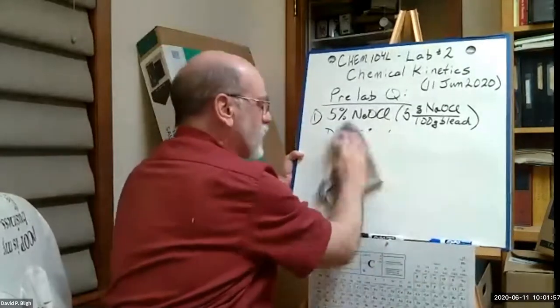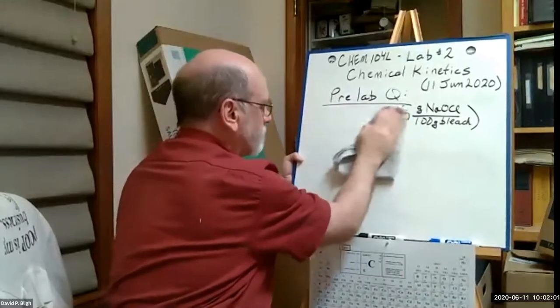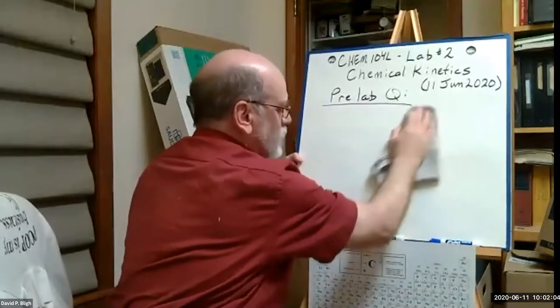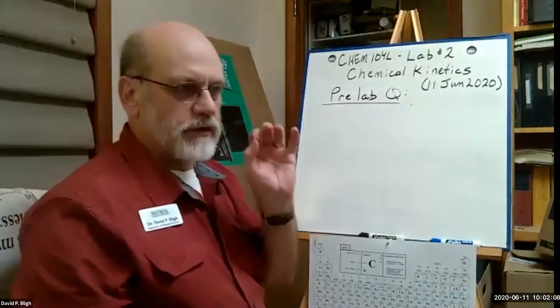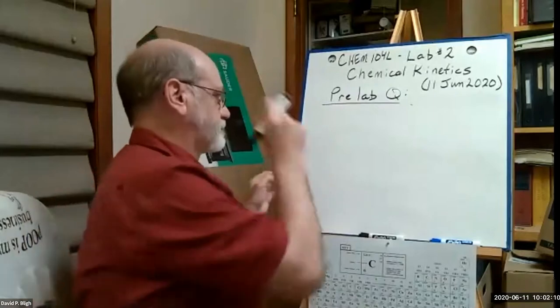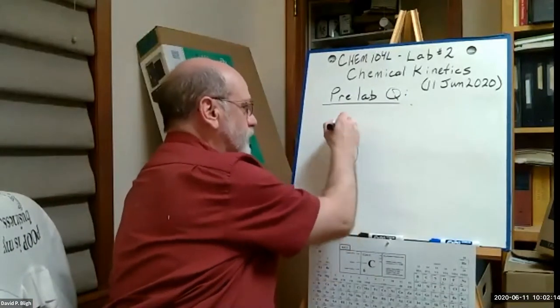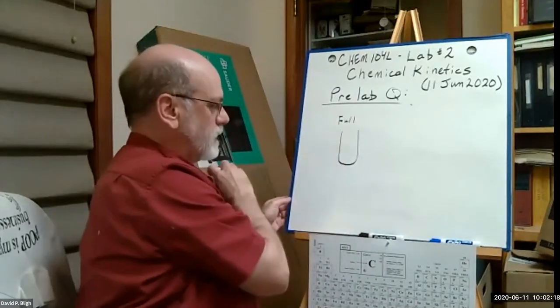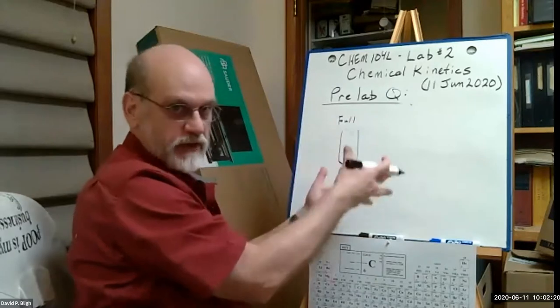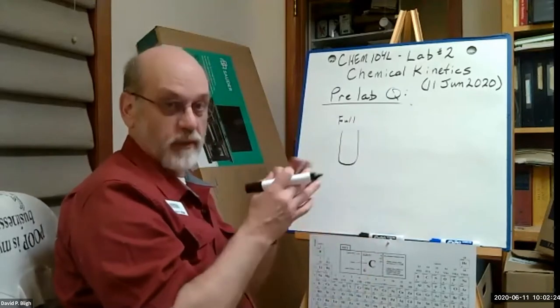Now, since we haven't gone through the method step by step, this might be a little strange. So I'm going to try to explain it to you first. When you do the experiment, you're going to be measuring at full strength bleach. You're going to be measuring the reaction conditions as they change over time by absorbance.